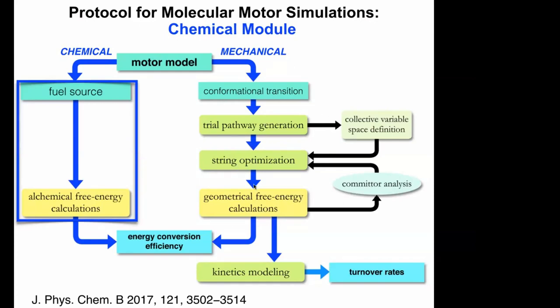Doesn't matter. It's some sort of molecular dynamics at one level. So the idea is to figure out how much chemical energy is stored by the system using one kind of methodology, and how much energy is being utilized by the system to undergo mechanical deformations. And then compare this with this to figure out an energy conversion efficiency, and also to figure out turnover rates.